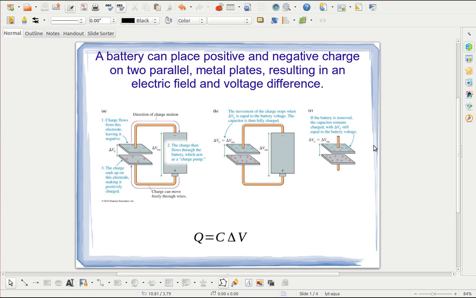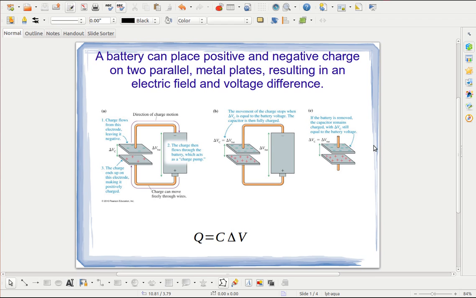And the amount of charge it pulls off will depend on how strong the battery is. The standard way of describing batteries is describing the potential difference across the top and bottom of it, that is the voltage. So there are 9-volt batteries, 1.5 volt batteries, or whatever.